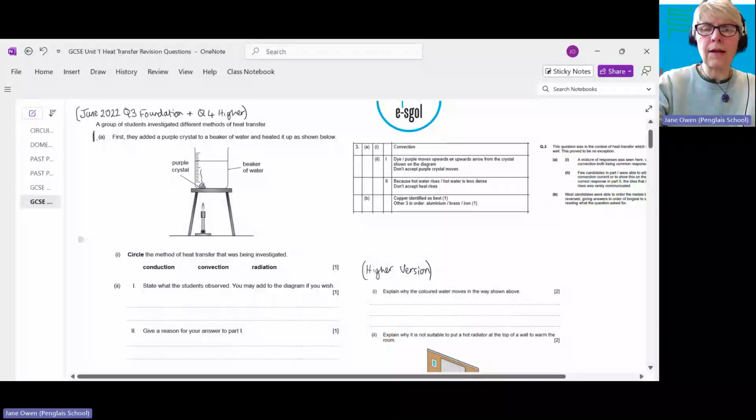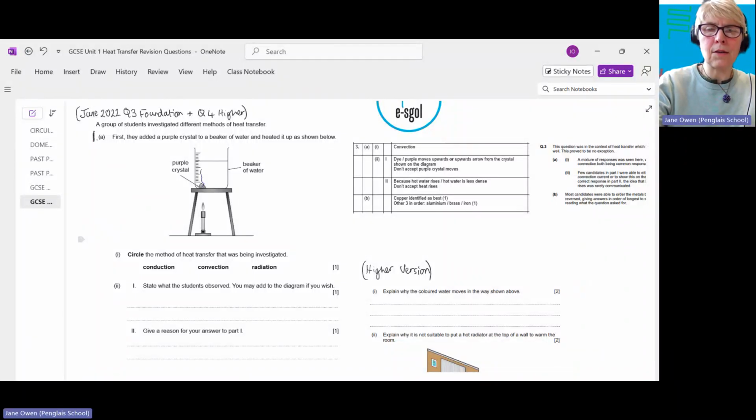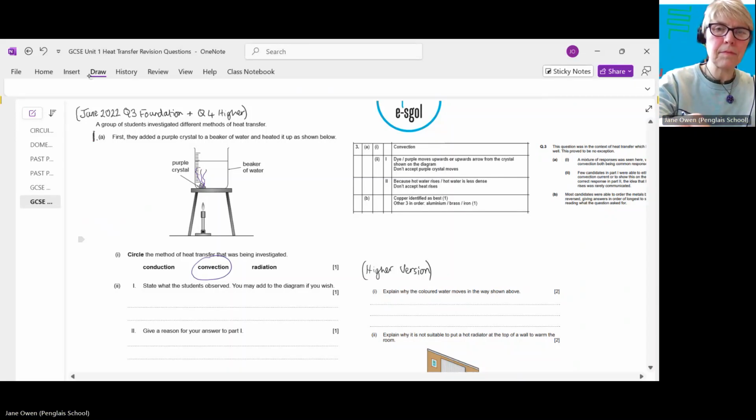Because the water is heated at the bottom, it becomes less dense and starts rising. The colder water comes from the top and sinks, and the hotter water at the bottom rises because it has become less dense. So this is a lovely example of convection currents taking place.